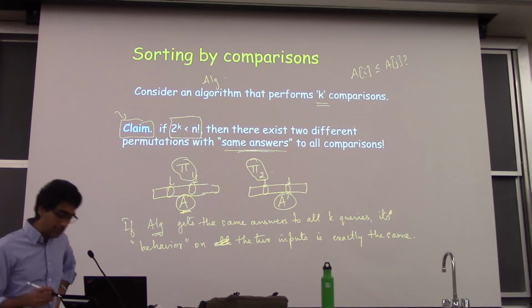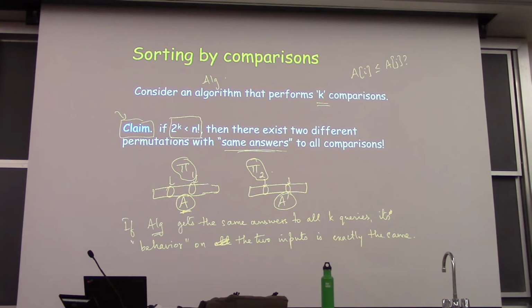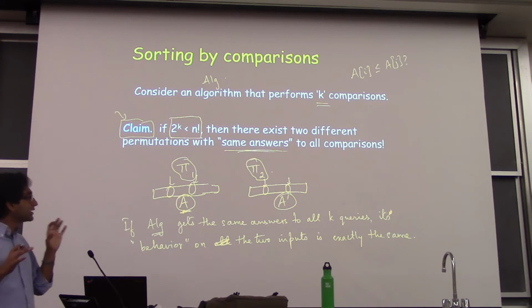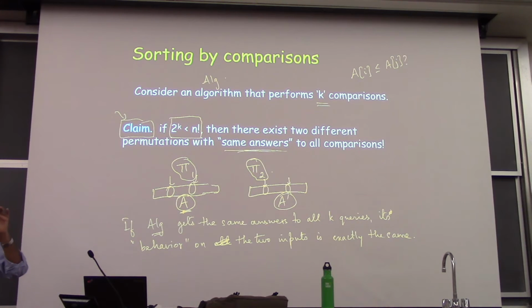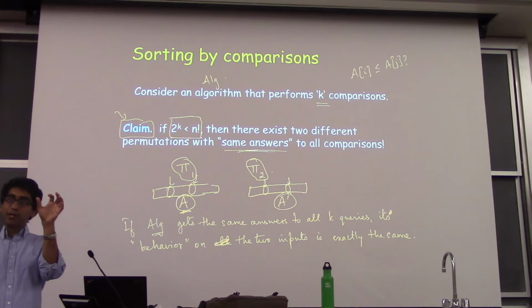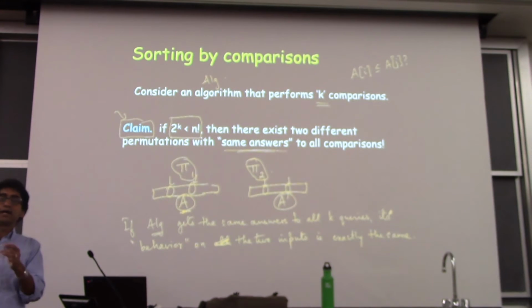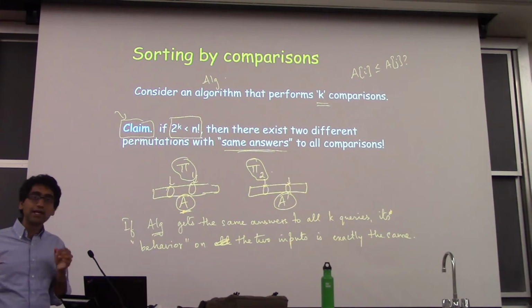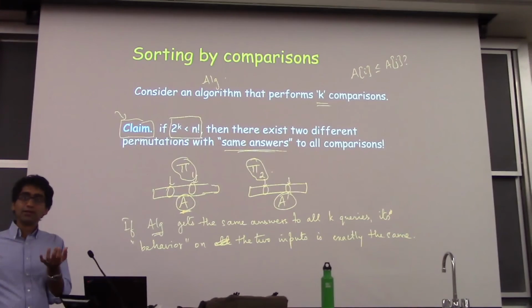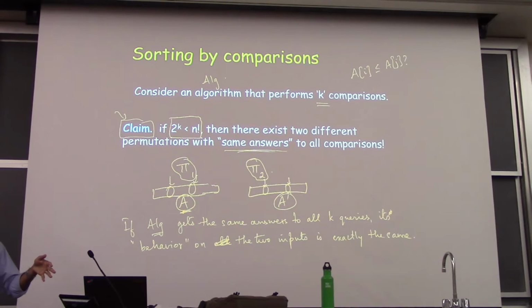Maybe we can go back and think about this, but it's actually very simple. You take a bunch of numbers and permute them in different ways. We imagine running these two different inputs on the algorithm, and we are saying that if the answers to all these queries are the same for these two permutations, then the algorithm must sort them in exactly the same way.